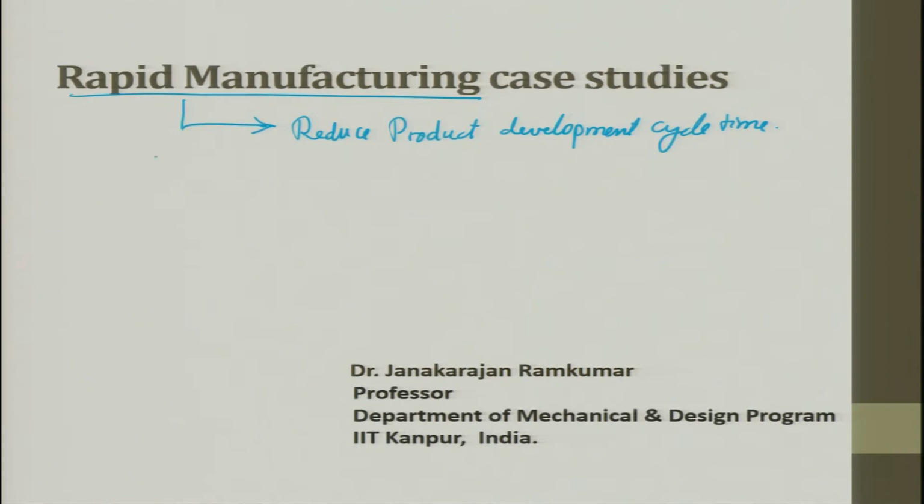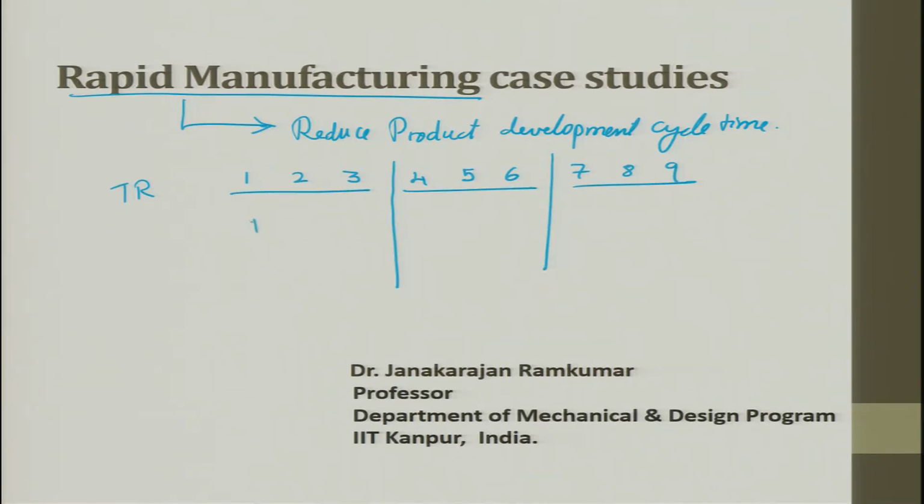When we talk about technology readiness level 1, 2, 3, 4, 5, 6 and 7, 8, 9. Here, most of the time it is called POC level, proof of concept, and slightly advanced.